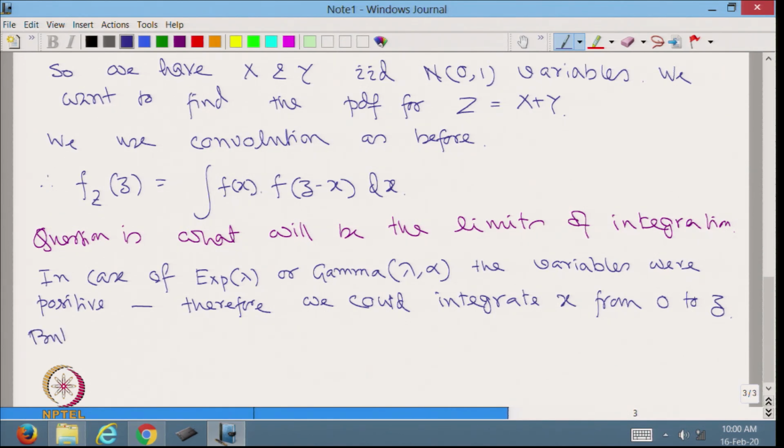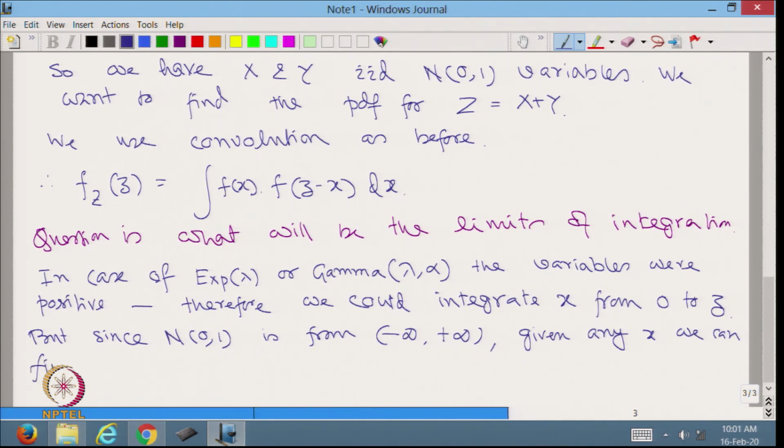But since normal 0 1 is from minus infinity to plus infinity, given any x we can find some y such that x plus y belongs to the reals.